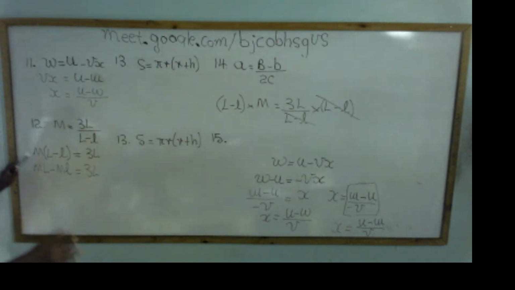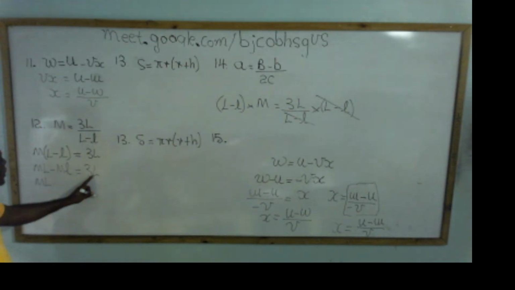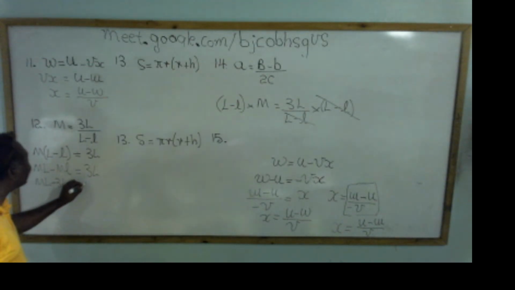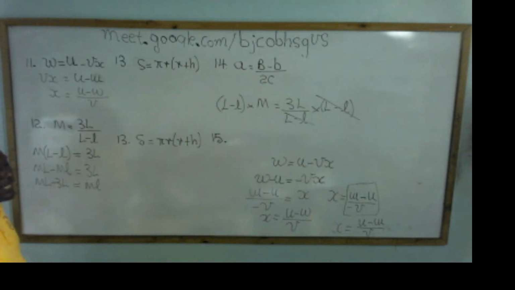So what I would do is, this is what I'll do. I'll take the ML, eliminate this 3L from the right hand side, and negative 3L. Eliminate this negative ML from this side, I get a positive ML, because the proposed subject, we intend to get it in a positive term.